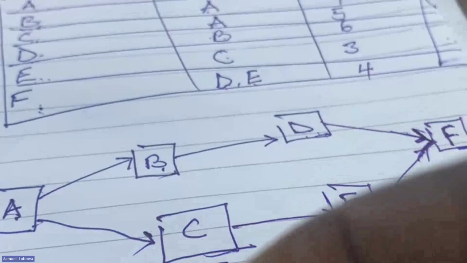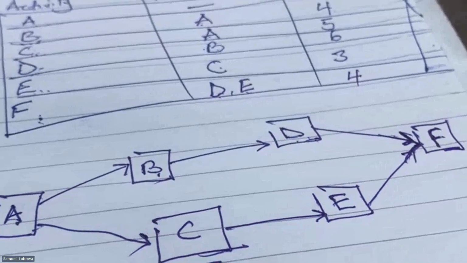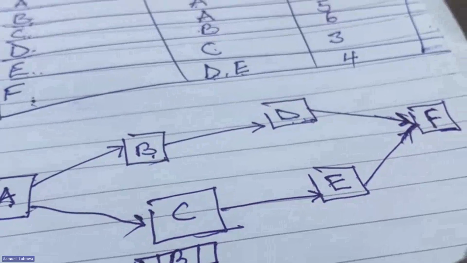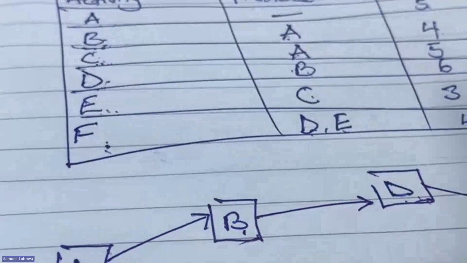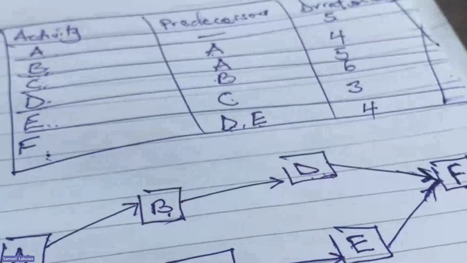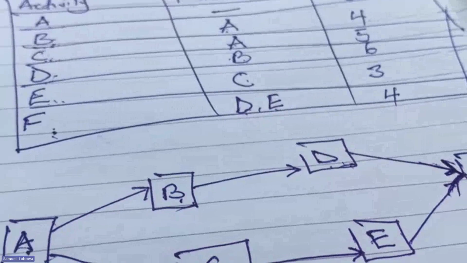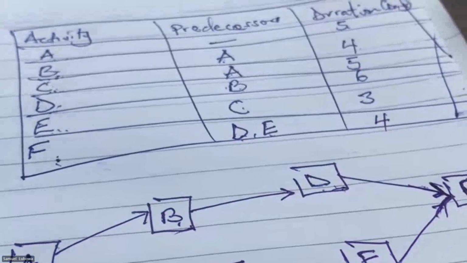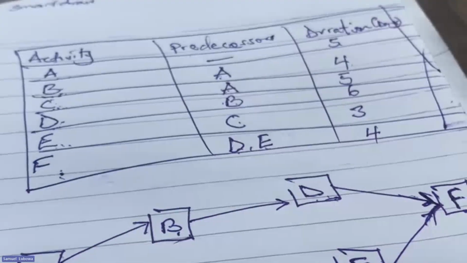Then we go to the next one, our activity C, which according to our table lasts for how many days? It is also 5. Then we go to the next one. Don't forget to put arrows on those.